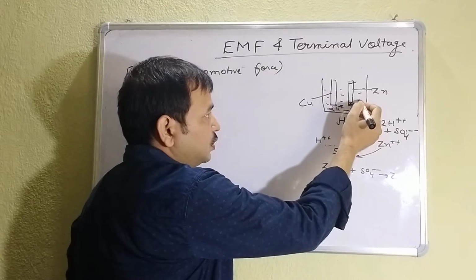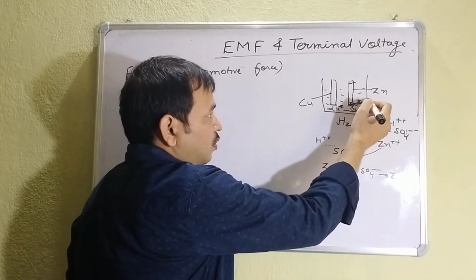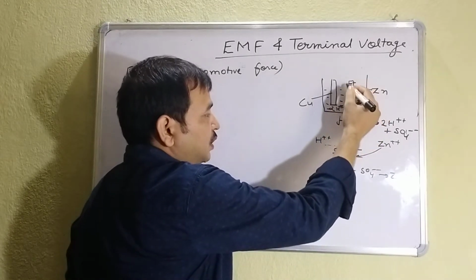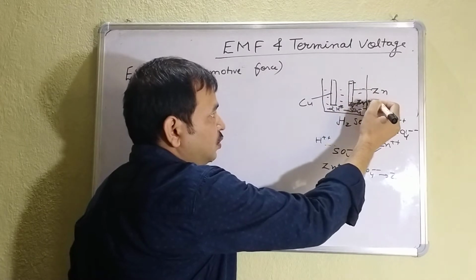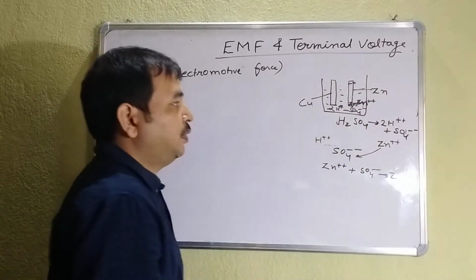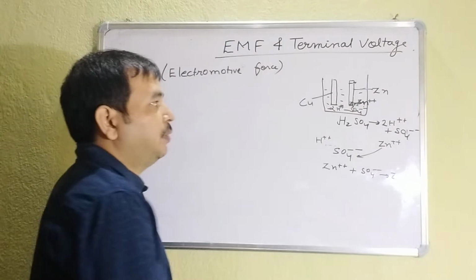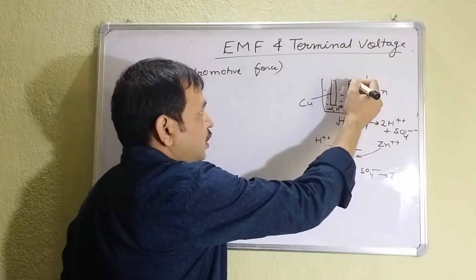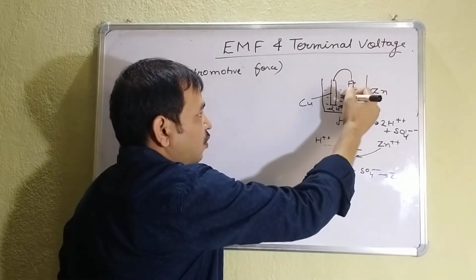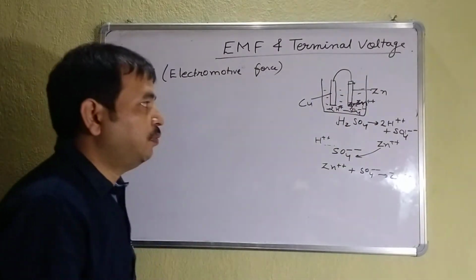In this process, initially this was Zn, it is losing 2 electrons and became Zn++. Now if you connect with the wire, this electron gets energy from the chemical reaction.